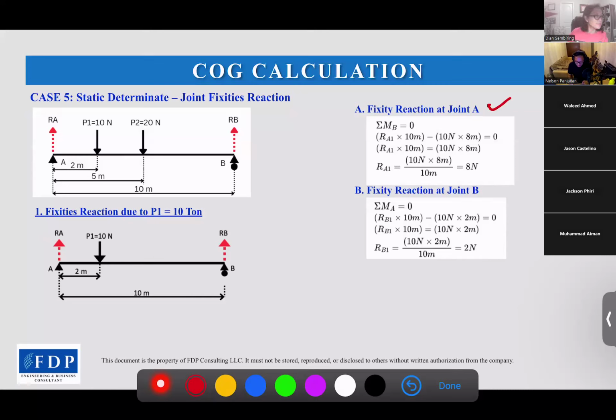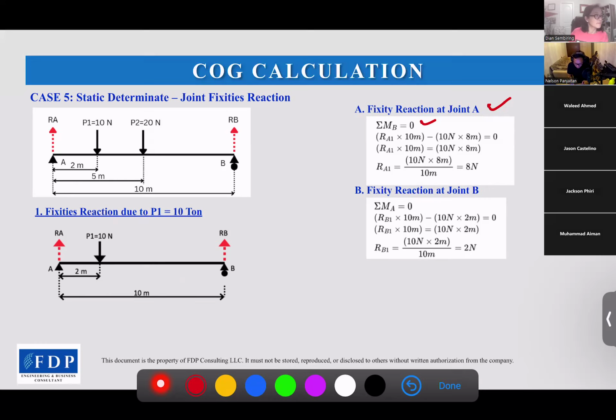Same process as before, total moment at B equals 0. For the case P1 equals 10 newtons, I will say the joint reactions are RA1 for the reaction at A and RB1 for the reaction at B. So RA1 times 10 meters minus 10 newtons times 8 meters.